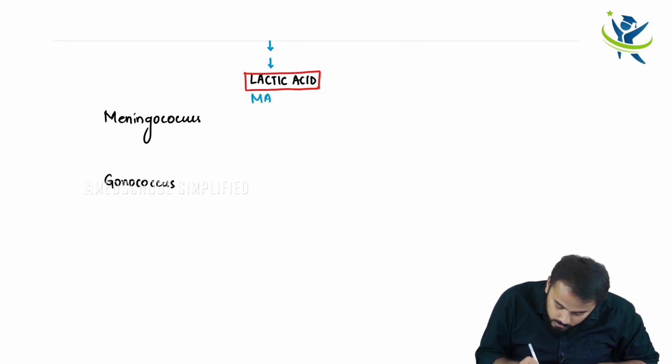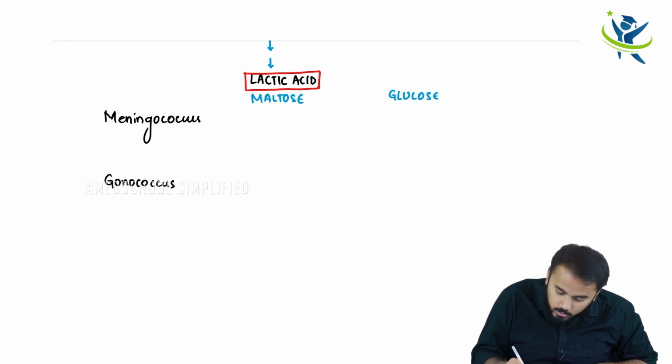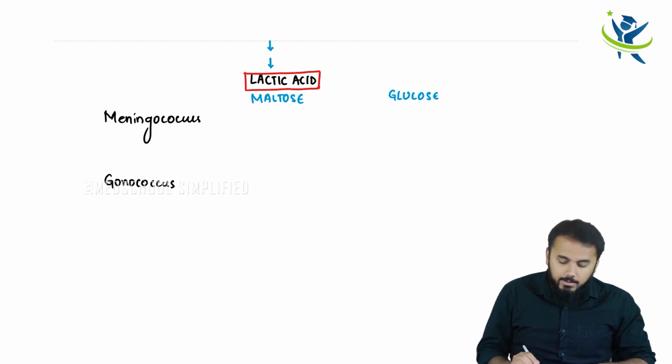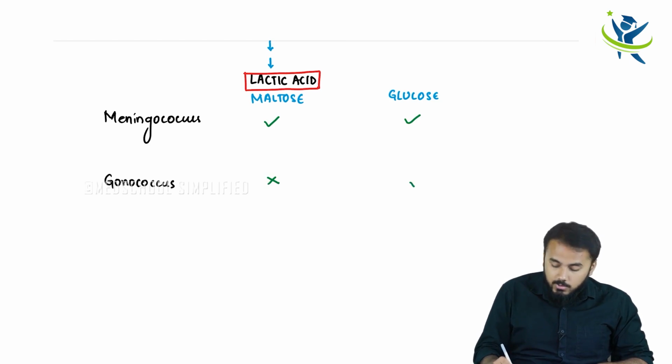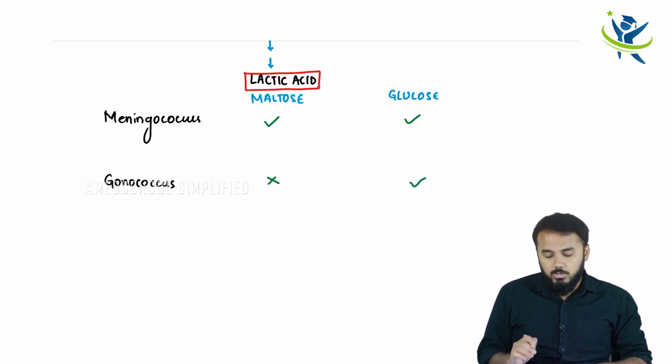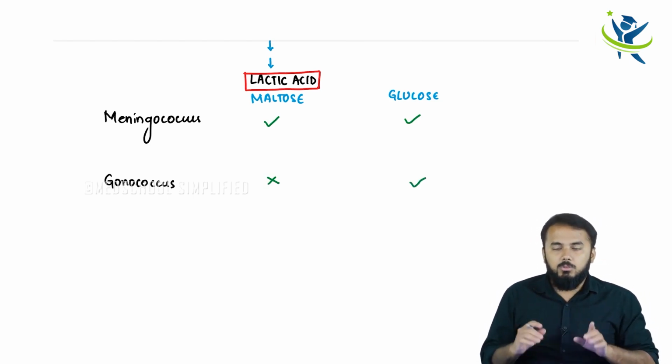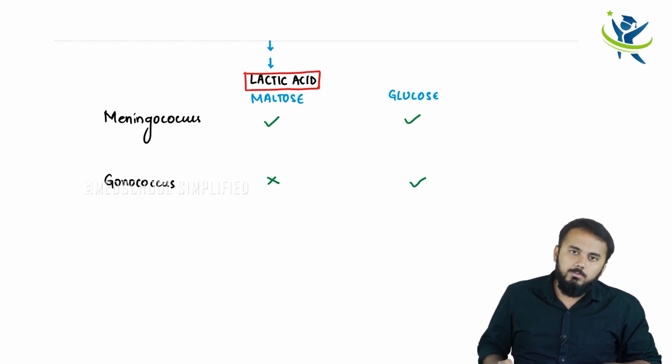One is called maltose, another one is called glucose. Now you tell me, will Meningococcus ferment maltose? It will ferment maltose. It will also ferment glucose. But Gonococcus will not ferment maltose, it will only ferment glucose. So this table, you have to know it, guys, at any cost.